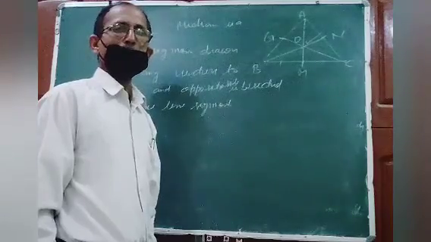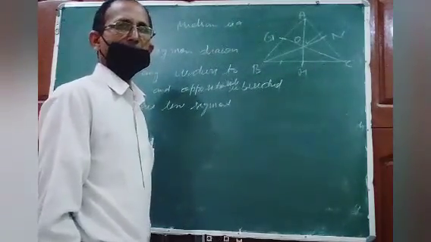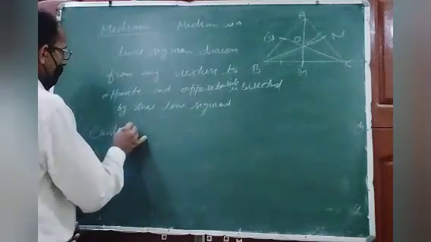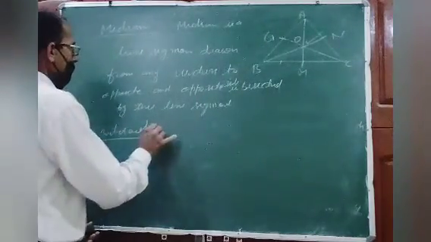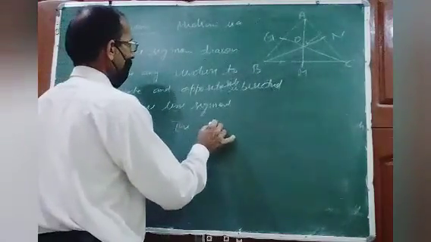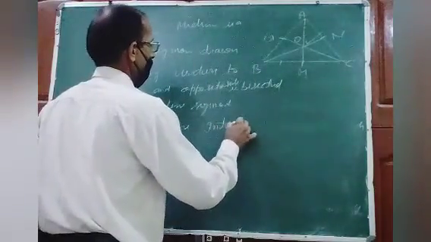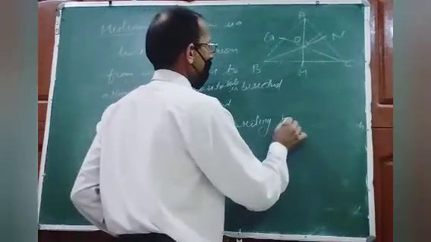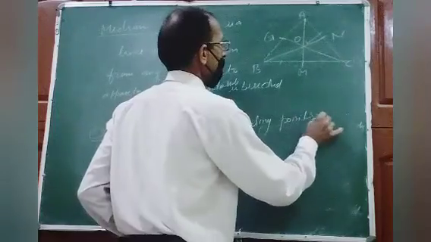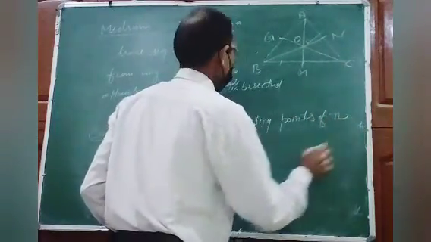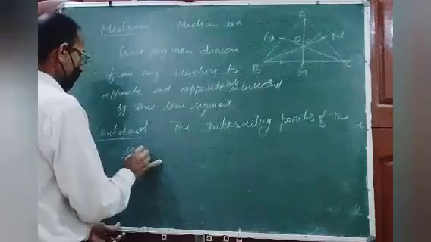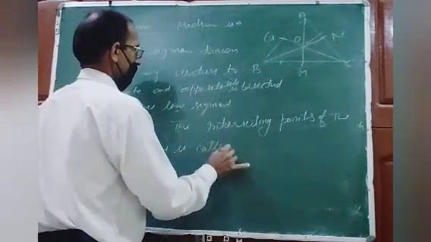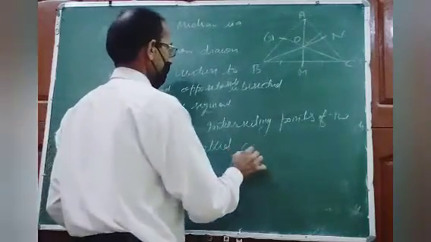The intersecting point of the medians is called the centroid.